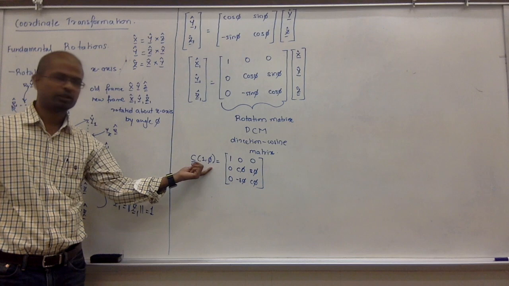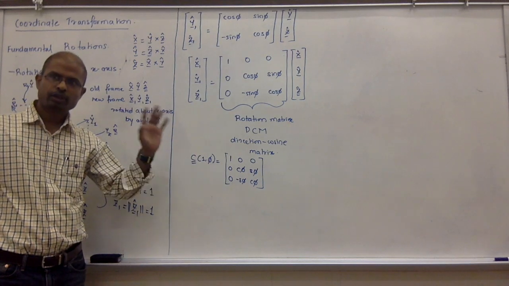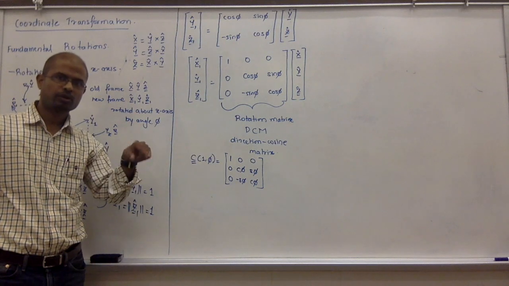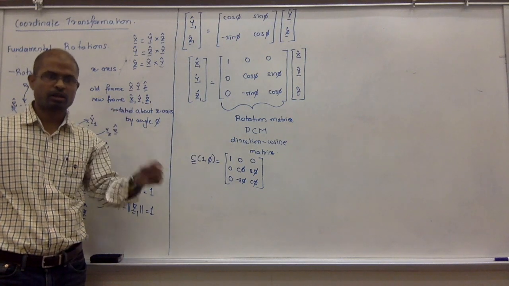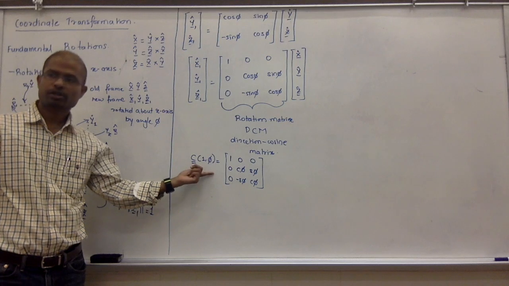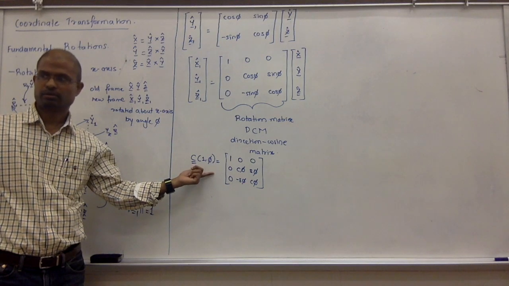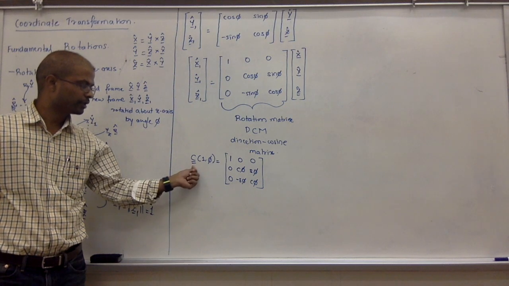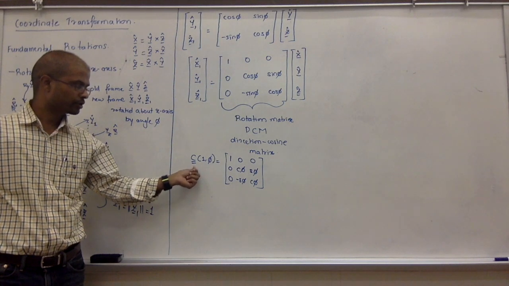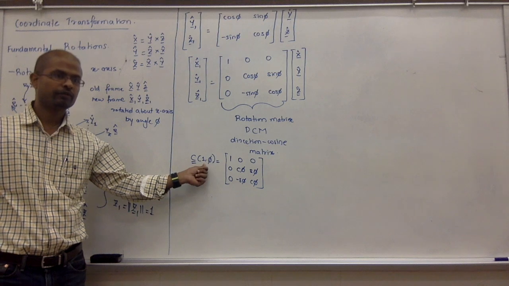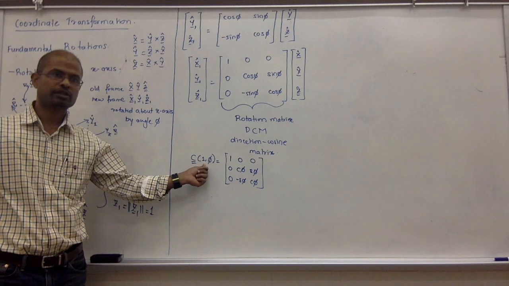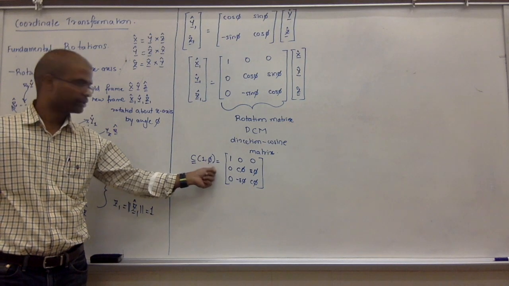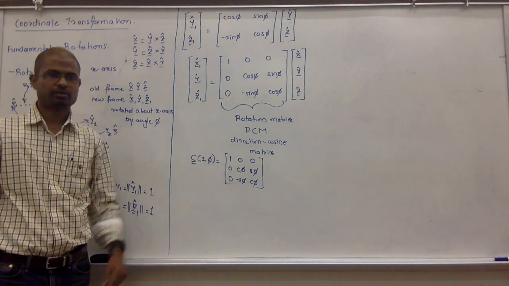This is a representation. For scalars, we don't use any underline. For vectors, which are column matrices, we use just one underline. This is a rotation matrix. We use two underlines, just to differentiate it. So the way you should read this is the rotation matrix associated with rotation about the first axis. One means first axis or x axis or I axis, by an angle phi.